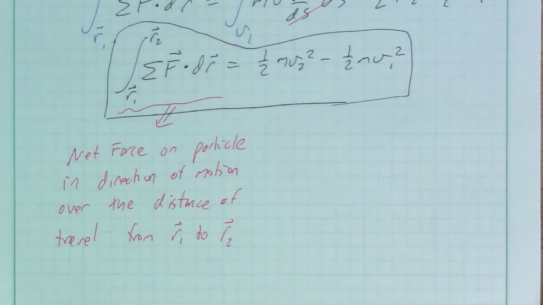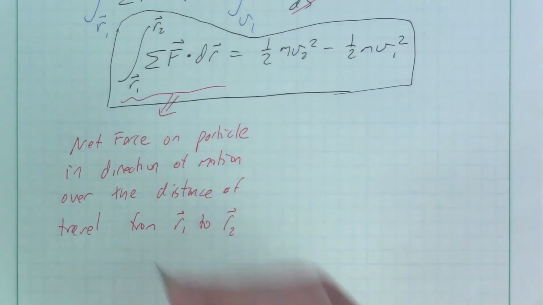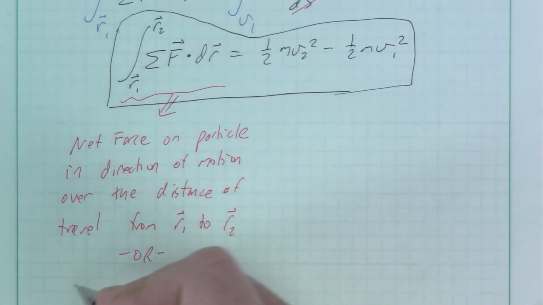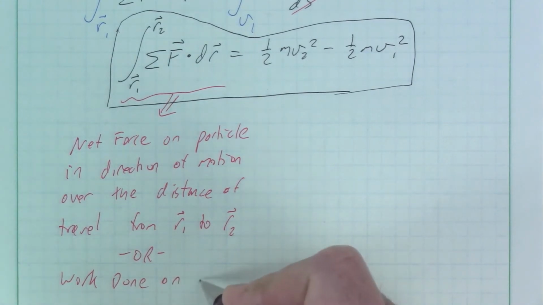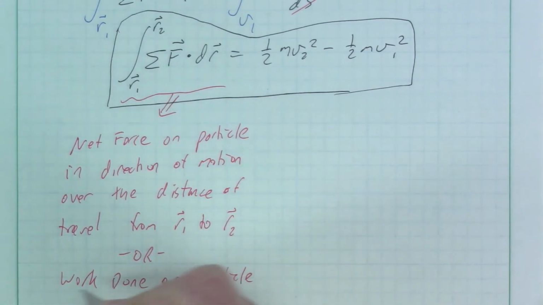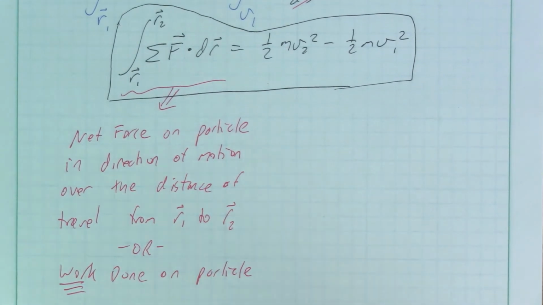R1 and R2 are, maybe, different times as the particle travels. What this is, is the work done on the particle, or to the particle. That's how we define what work is.